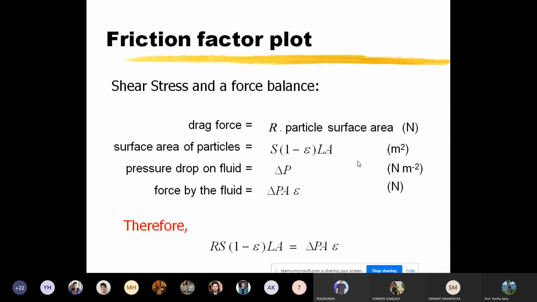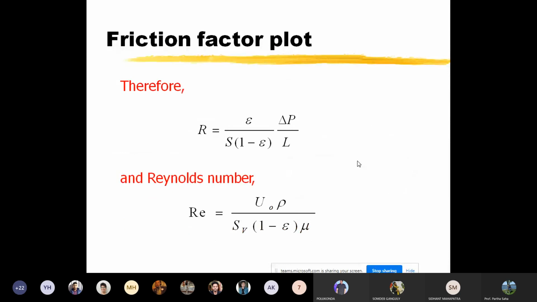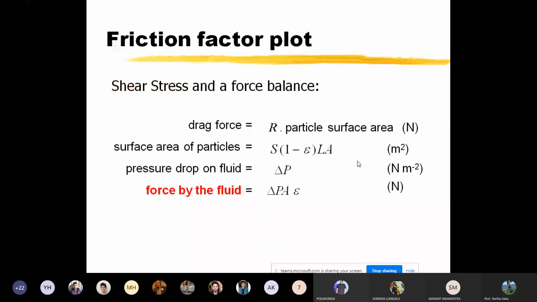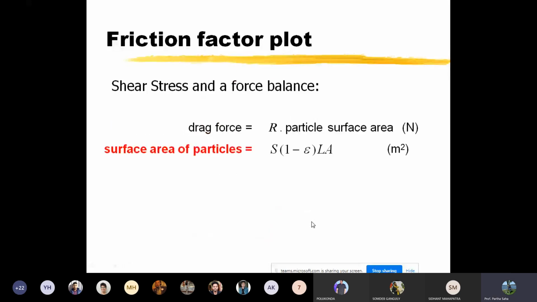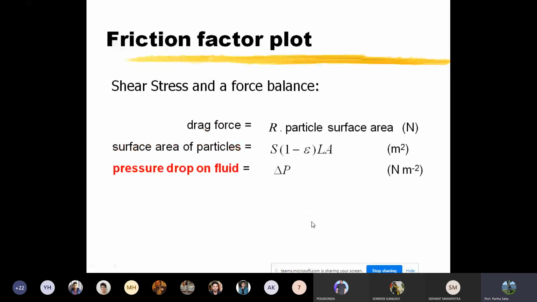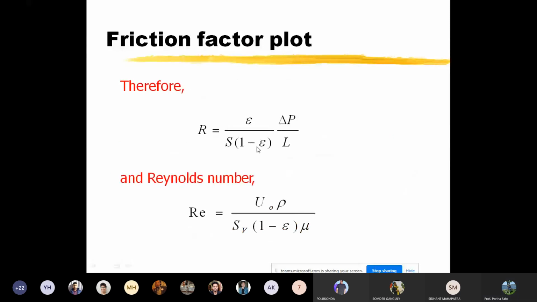R becomes epsilon by S(1 minus epsilon) times del P by L. Okay, so this is actually very important. This is the friction factor, and this R is a parameter which is used for the friction factor. I think you have already seen it, let me go back to that. Here this R is the friction factor, nothing but epsilon by S(1 minus epsilon) del P by L. And the Reynolds number we have already discussed, right?